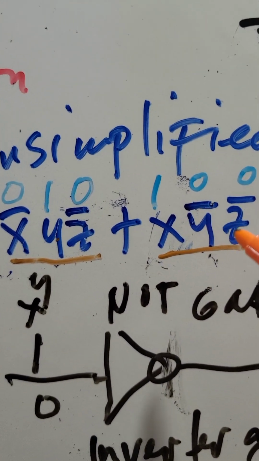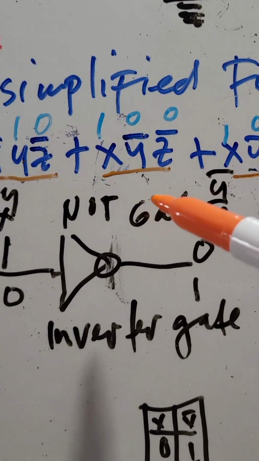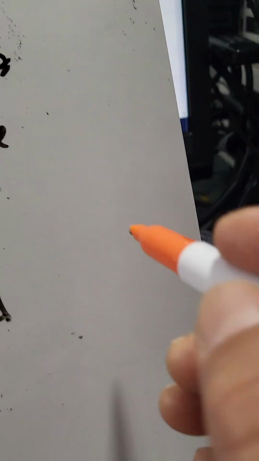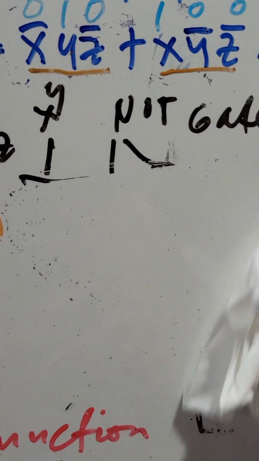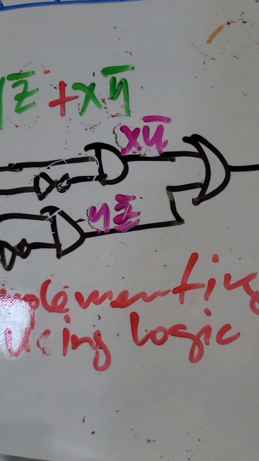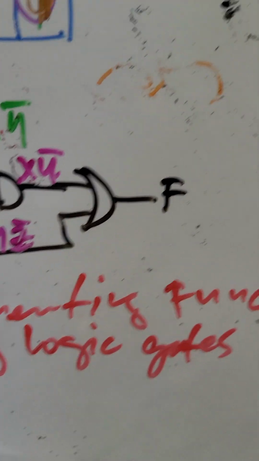But this one, how many gates do you think? I will show you the difference if we're not going to simplify the function and implement it using logic gates.